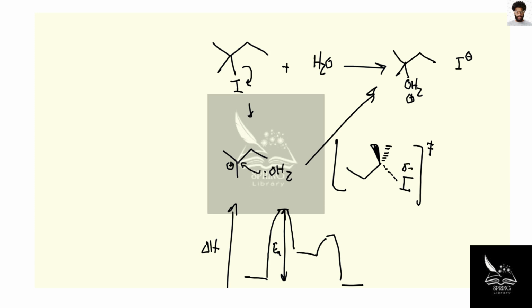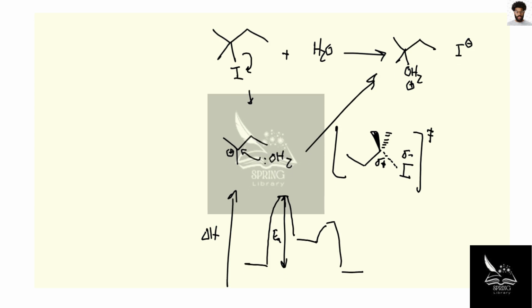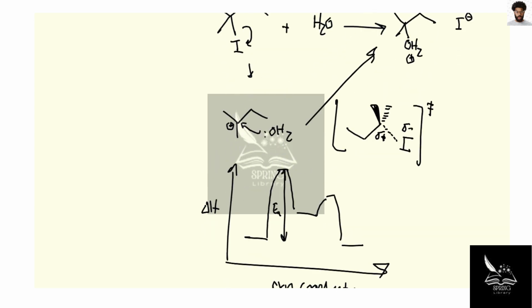Iodine will become negative, so we put a partial negative there, and partial positive on the carbon, which will become the carbocation. And then for the addition of water, we need to draw a planar intermediate, right? So we should have something like this.